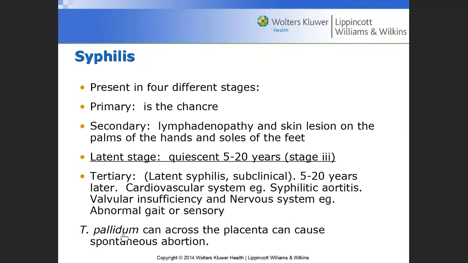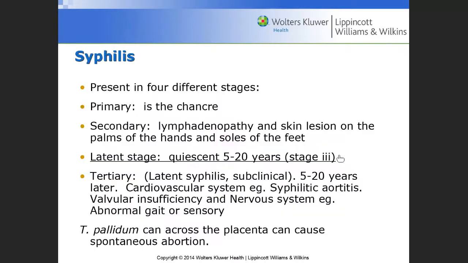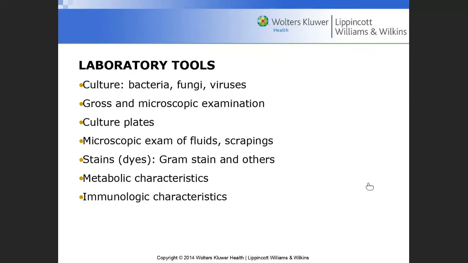Syphilis is caused by Treponema pallidum. Canker, and you need to have a special stain, silver staining, to see these. Otherwise, it's really hard to stain the syphilis. Usually you culture them. I'm not going to talk too much about them.